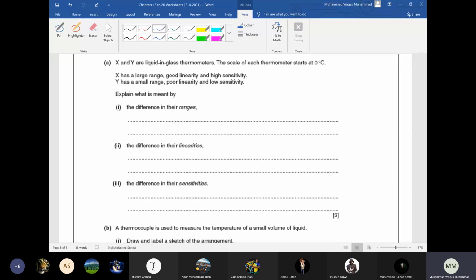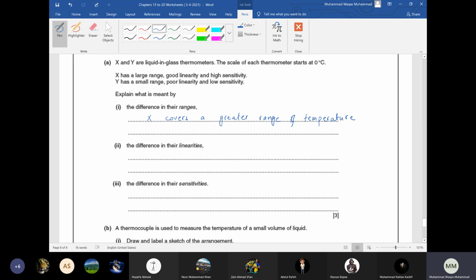It means the difference in their ranges means X covers a greater range of temperature. Or, beta, since the question says they both start at 0, and if X has a large range, it means X can measure higher temperature.